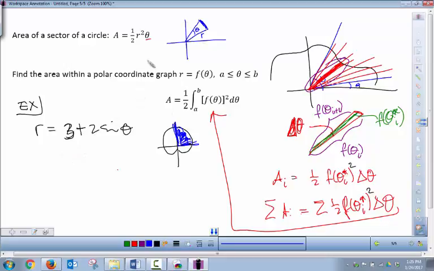So it's just the formula. This is your f of theta. You're going to take f of theta and square it, and integrate from a to b. So the area is going to be 1/2 integral from 0 to pi over 2 of 3 plus 2 sine theta squared d theta.